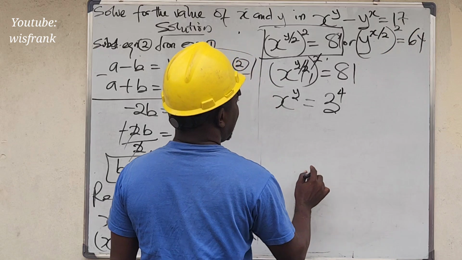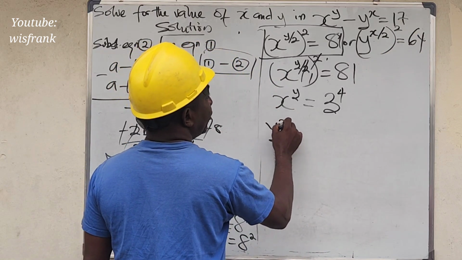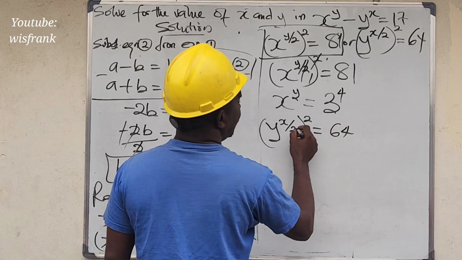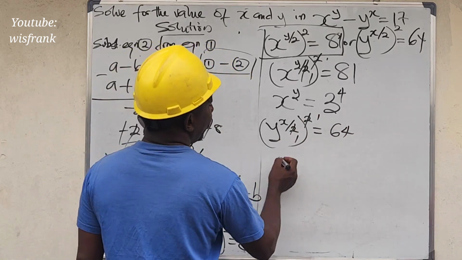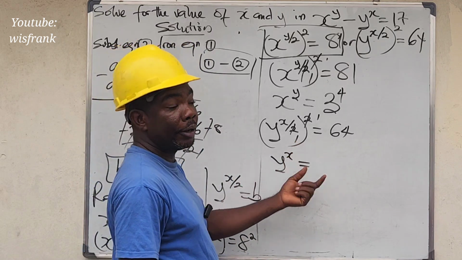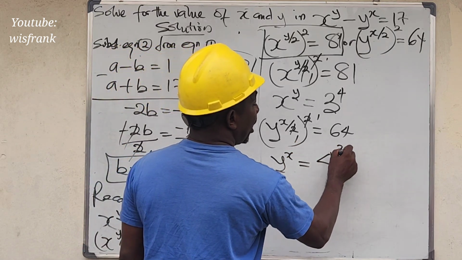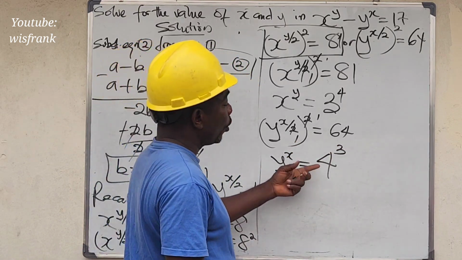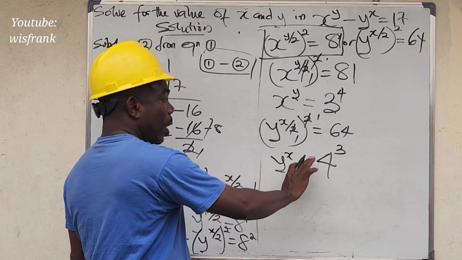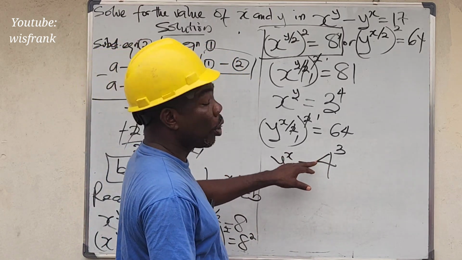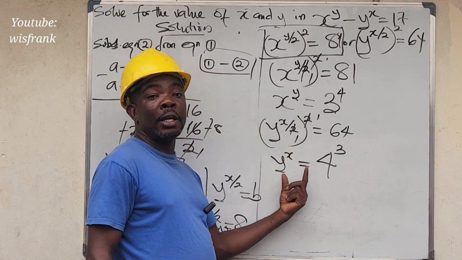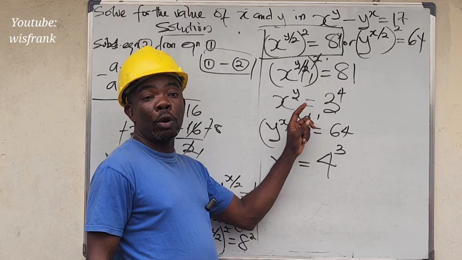So we take this other one, where we have y to the power of x all over 2, all to the power of 2, equals 64. 2 cancels here and 2 cancels here. So we have y to the power of x equals 64, which can be written as 4 to the power of 3. Why we choose 4, we could write 2 to the power of 6, but we want, when we compare the two, the value of x here to be the same as the value of x here.